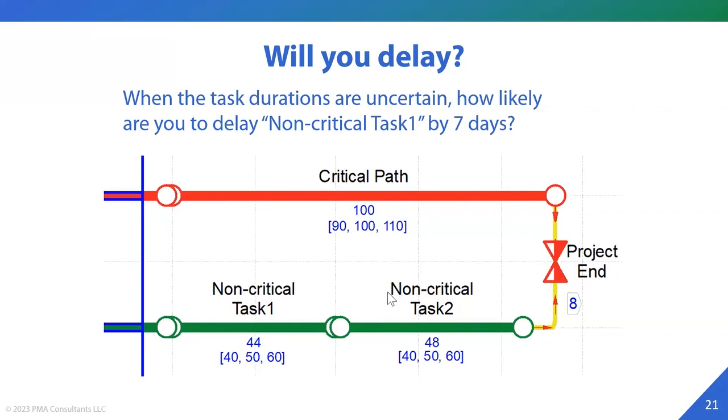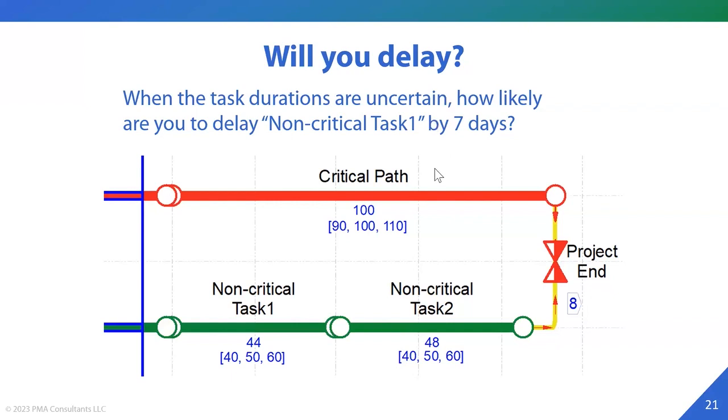So you can see that results at this point, maybe and definitely will delay is about 47%. So kind of still leaning towards delaying. And we have about 54% saying not likely and definitely not. So still pretty even in this case, kind of like a toss-up over here in this scenario.